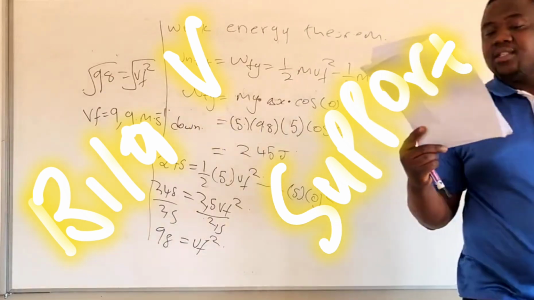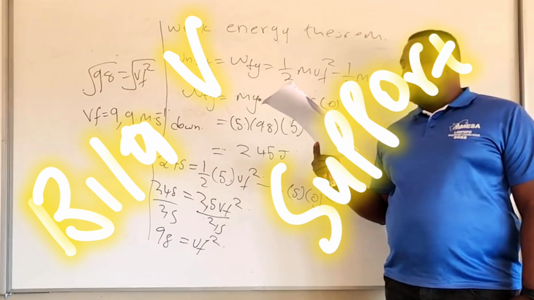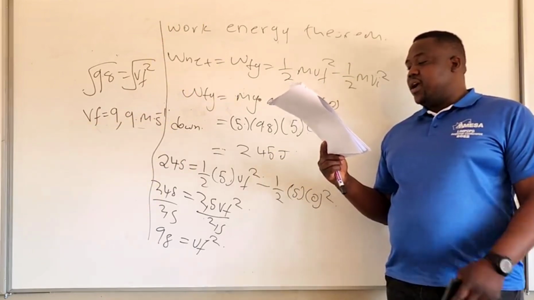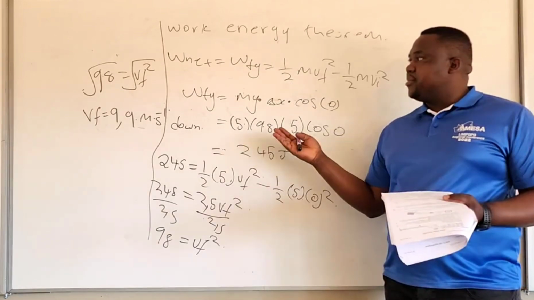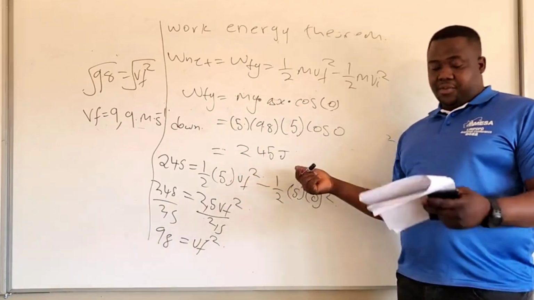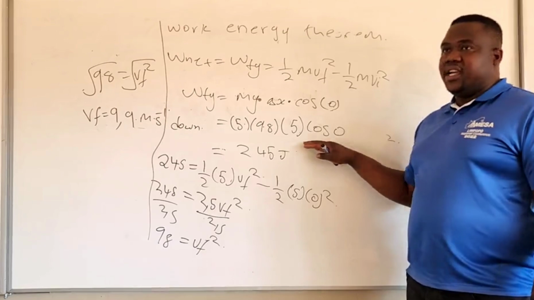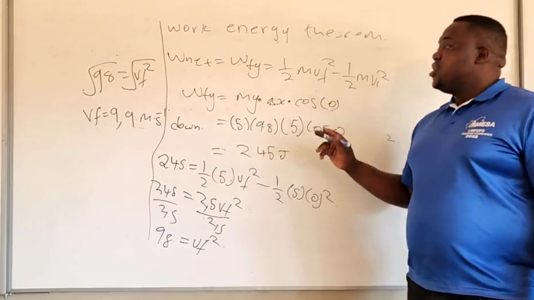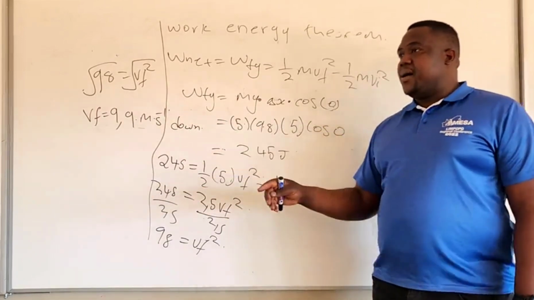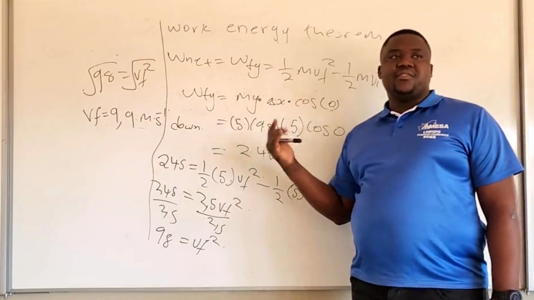They say, explain why the kinetic energy from P is the same as that of Q. It is the same because the energy is conserved from the starting point until Q. There is no non-conservative force acting on the object, so energy is conserved. I will explain this in detail in lesson number 4 about the principle of conservation of energy.